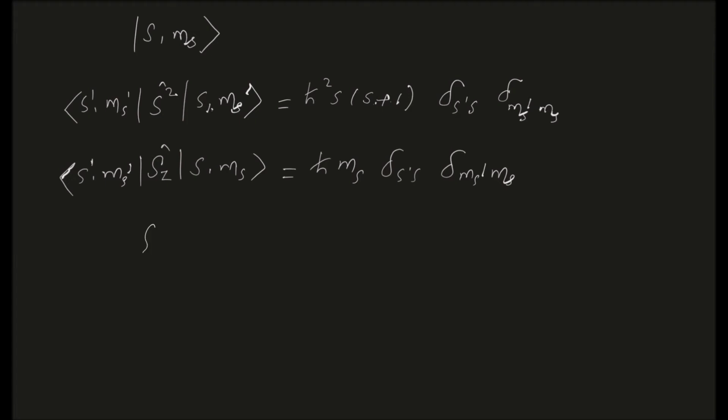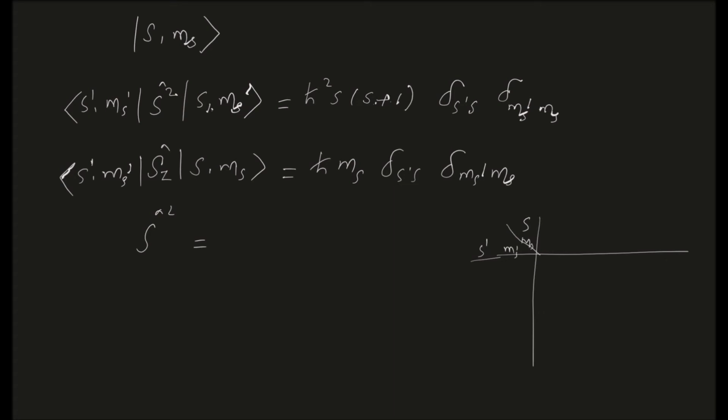So the S square matrix for a spin half particle can be written as follows. If you remember the way we have done it for the general angular momentum, we can take S along this direction, then Ms along here, S prime in the downward direction, Ms prime also in the downward direction.